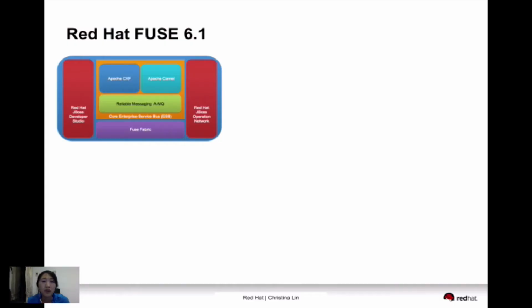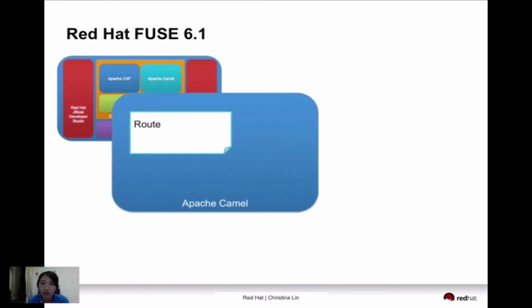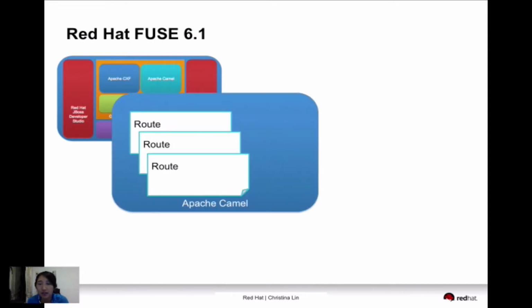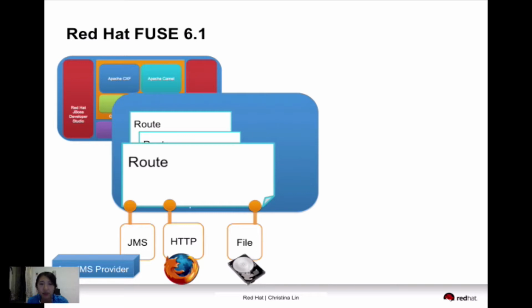With this demo, we are going to focus on Apache Camel. Within Apache Camel, we can set up different routes that connect or publish different services to each endpoint. Within each endpoint, we can configure different components, such as JMS, HTTP, or files, or any of the 140 plus supported components.